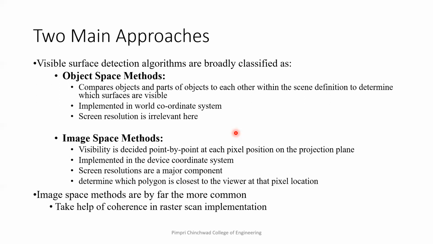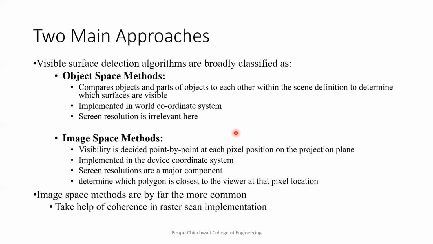Now, these algorithms are broadly categorized into two approaches. One is the object space methods, another is the image space methods. From the name, it is evident that in the object space methods, the surfaces are removed in the object space, in the world coordinate system, in the original scene.